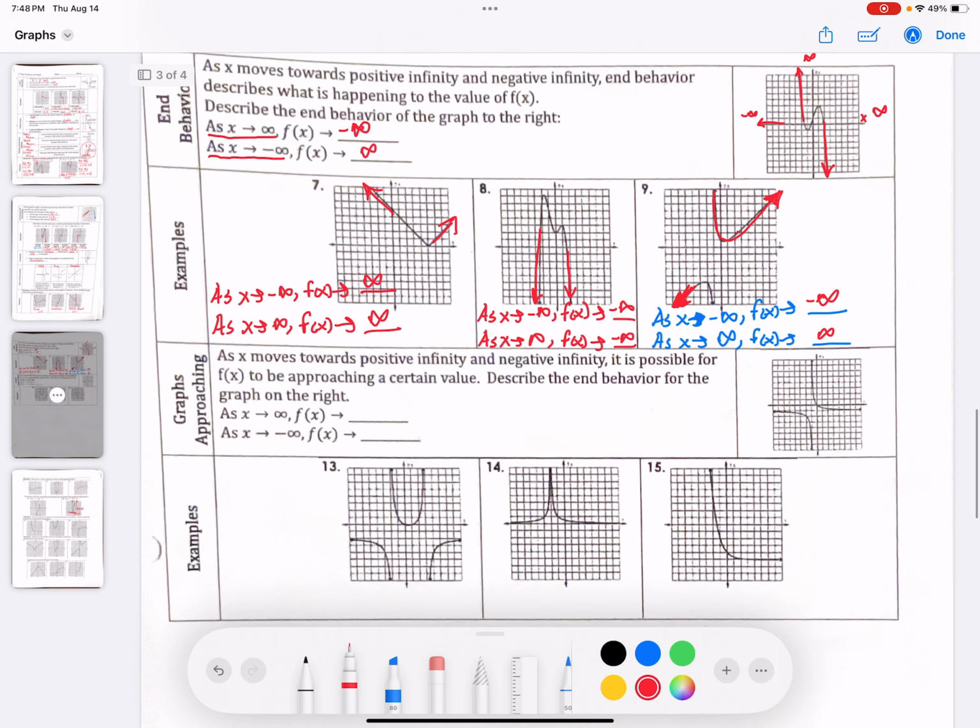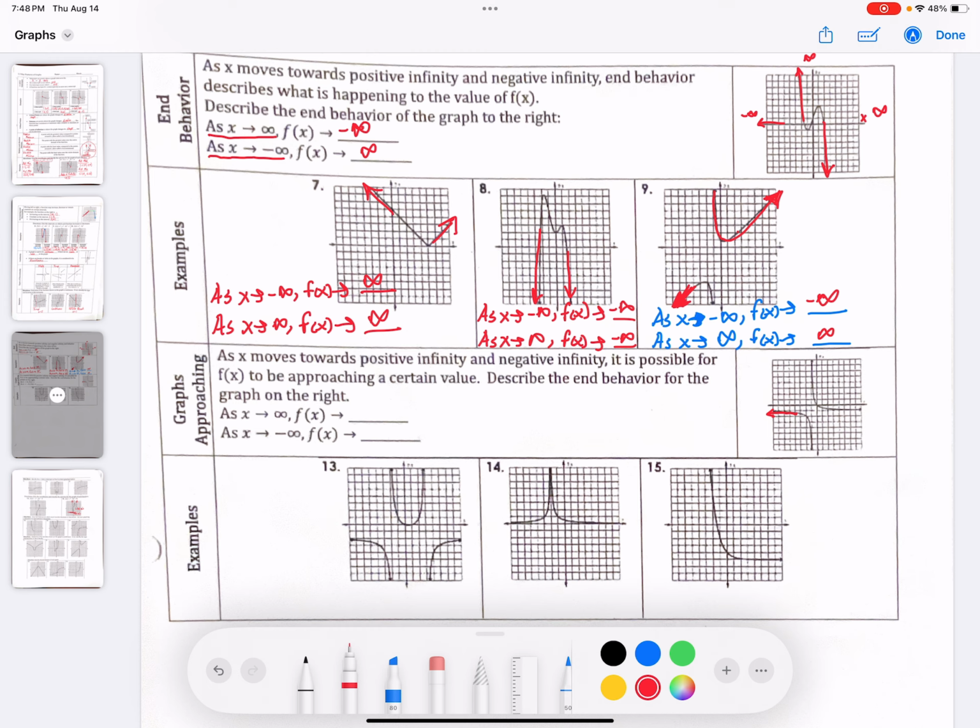So sometimes our graphs don't approach infinity. They approach a specific number. So the next graph, as x approaches positive, well, we'll start with negative infinity. I'm going to start with the second one. So as we go to the left, see how this one levels out? It doesn't go straight up or down. It levels out to a specific value.